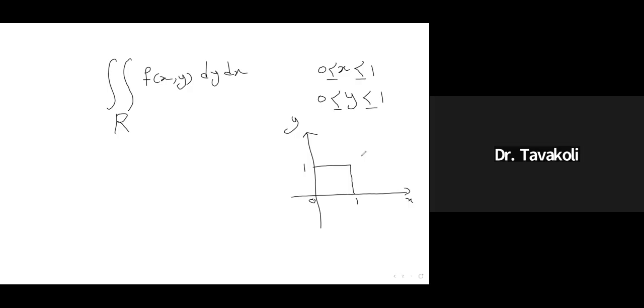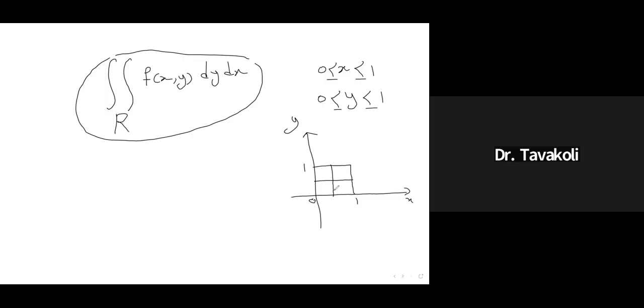If I want to estimate this integral, I can divide this square into partitions. Suppose I make it into 4 equal squares. Of course, if I make it into 9 squares, I'll get a better approximation for the integral.